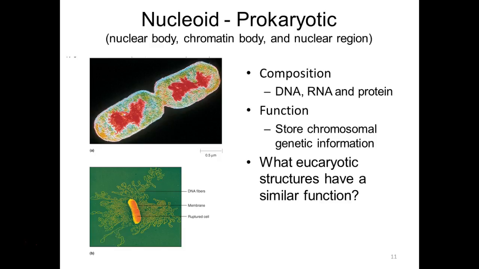So what structures have a similar function in eukaryotes? The nucleus. And I say structures because some of them will have more than one nucleus, like paramecium have a macro and micronucleus.